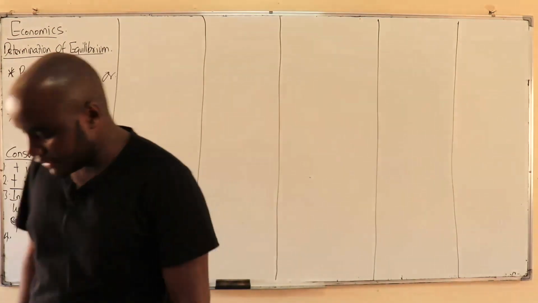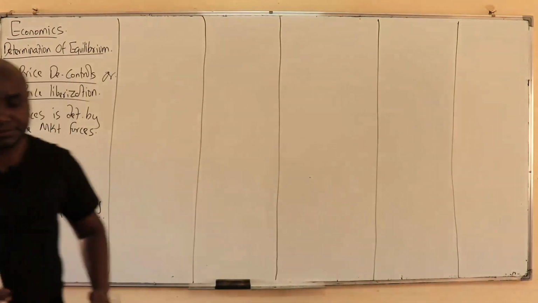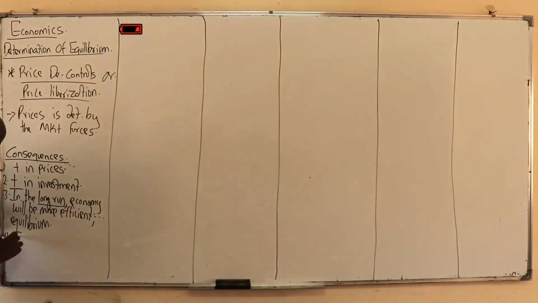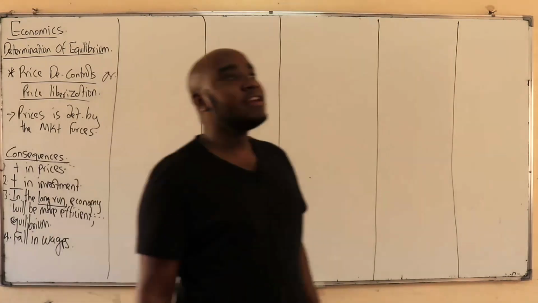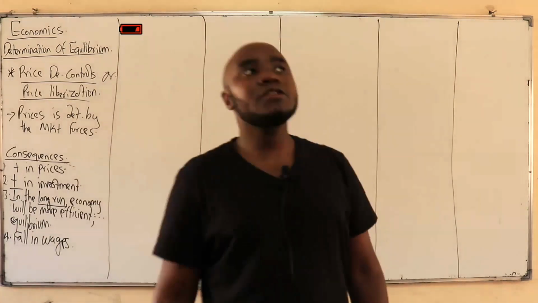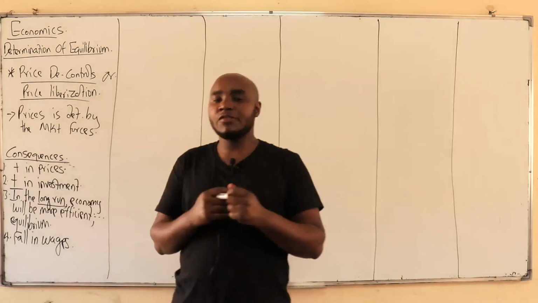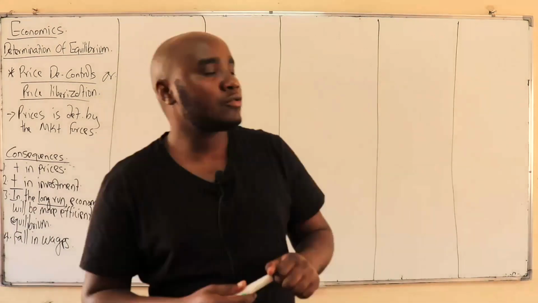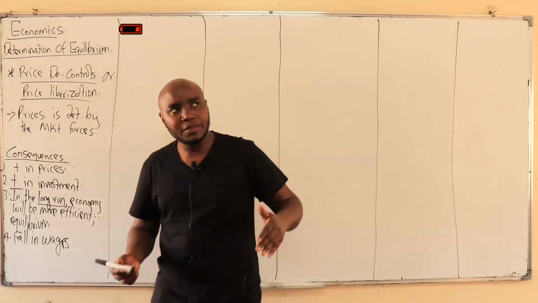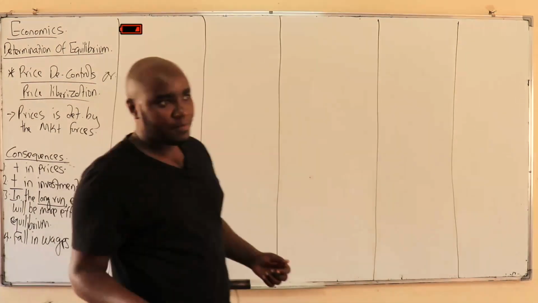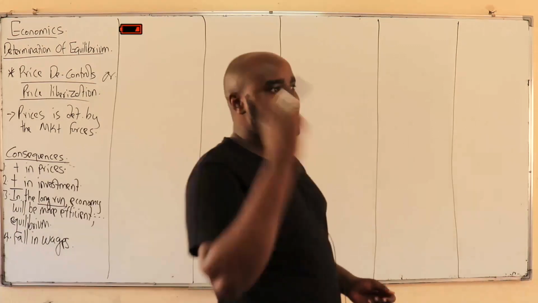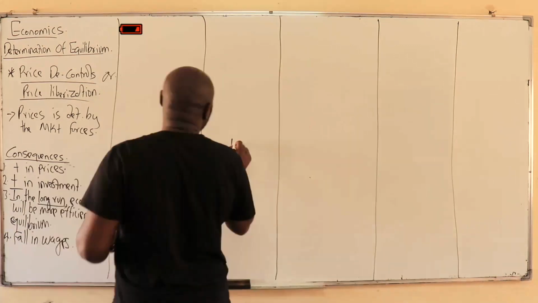Then the next one is foreign wages. Why are we saying there is foreign wages? Assuming now there is minimum price control, or assuming now the government have said that now we are increasing, we will fix certain products from probably 100 to 150.